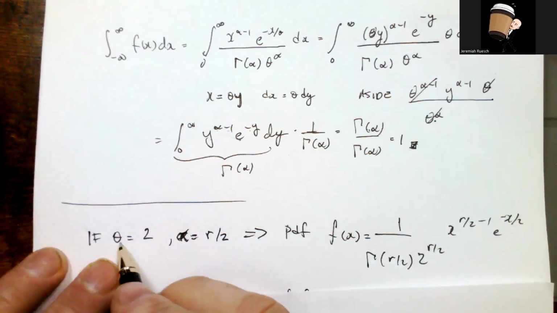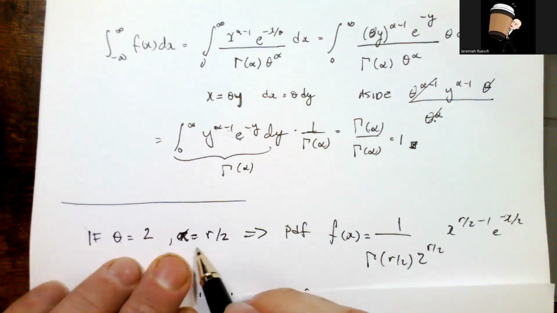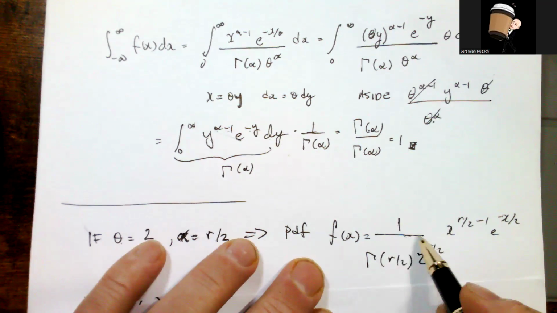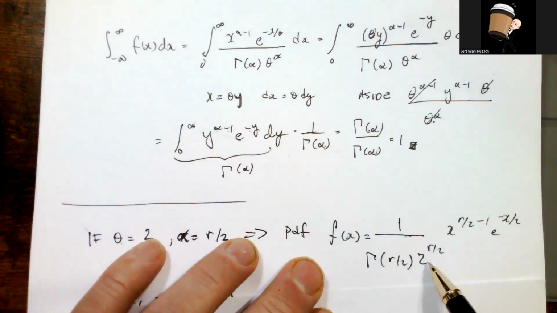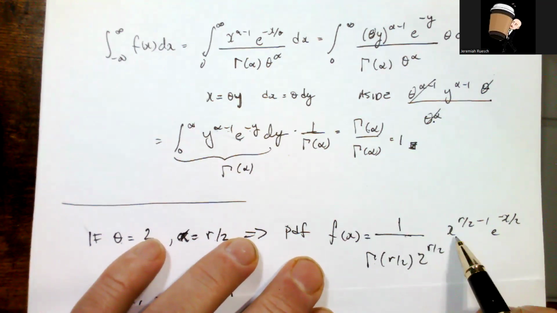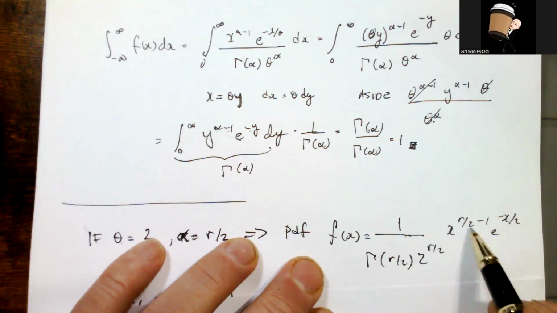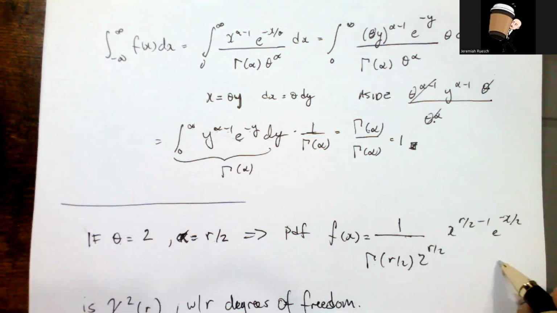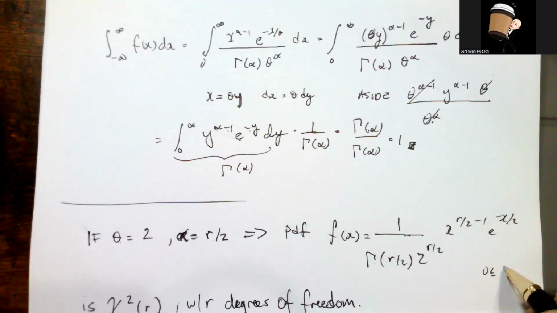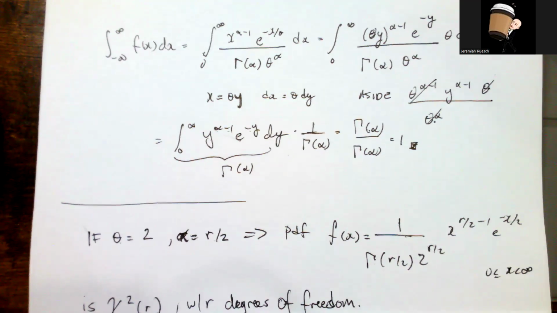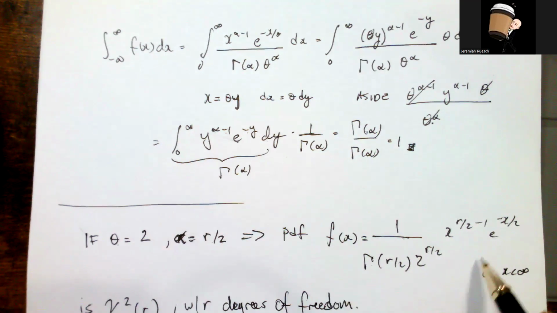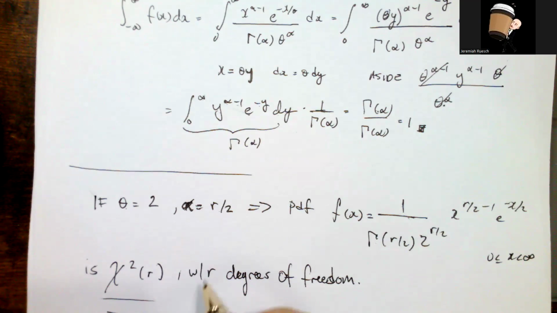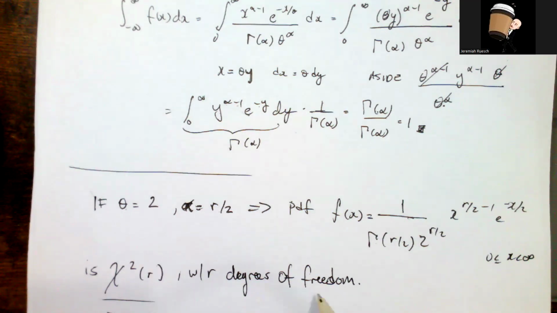In the special case when theta is equal to 2 and alpha is equal to r over 2, the PDF takes this form: 1 over gamma of r over 2, 2 to the r over 2, times x to the r over 2 minus 1 and e to the negative x over 2. The support is still the same, from 0 to infinity. I just didn't have enough room. So the support doesn't change. We call this distribution a chi-square distribution with r degrees of freedom.